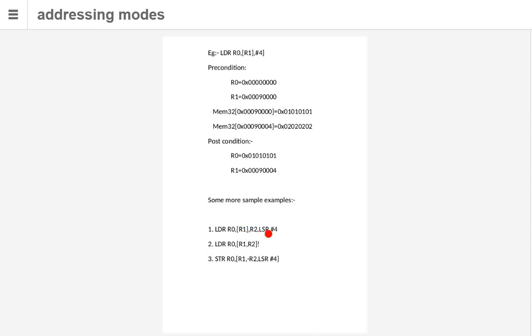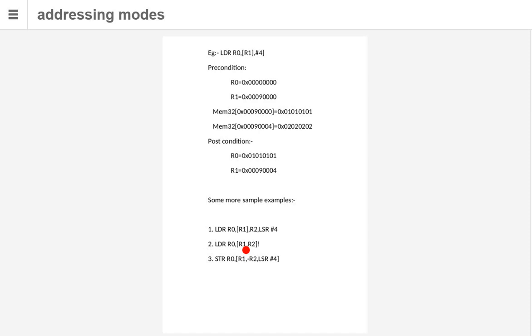So always whenever you have LDR instruction, there can be offset value. The offset value can be given in 3 ways. One way is directly given as an immediate value like this in the example which we have explained previously. Second way is giving the offset value in some register. So I have given the offset value in R2.